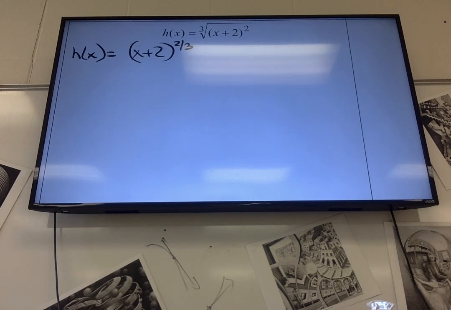I'm going to write down what you should end up with. I was trying to figure out, I have to flip it. What is it going to look like? Well, you can make that x plus 2 to the 1/3. That's the same thing as the cubed root.